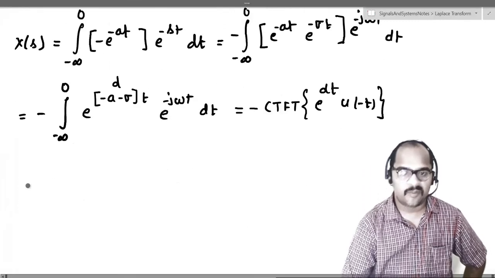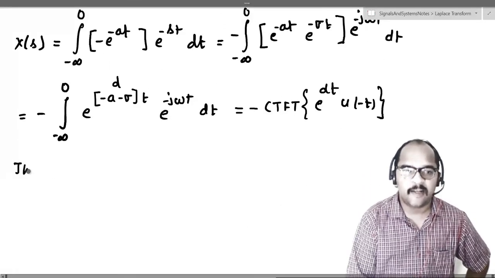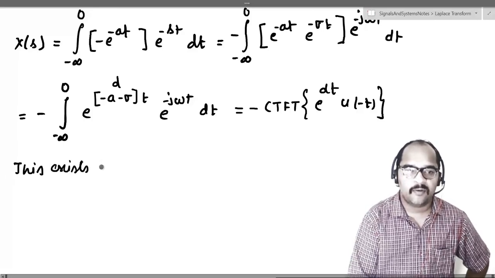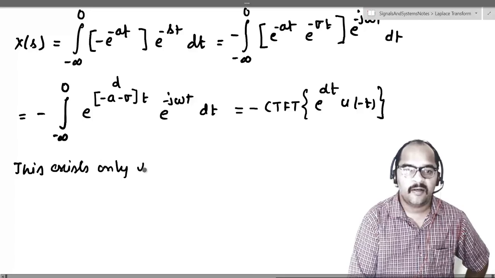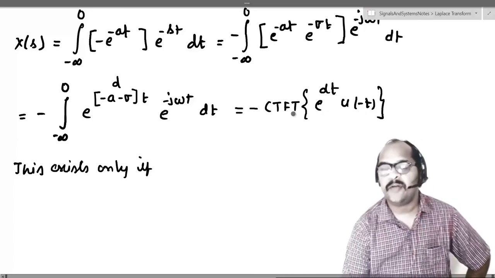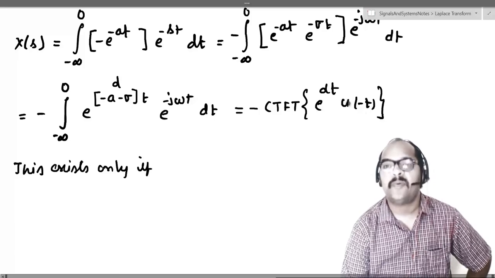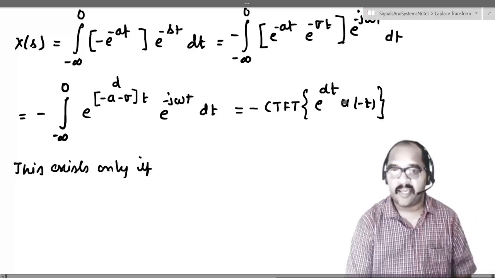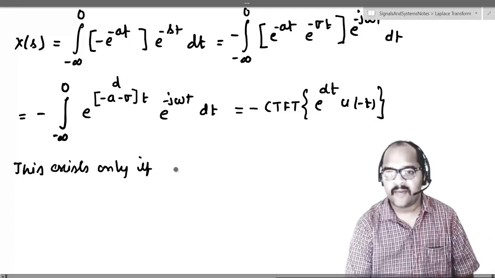First we'll talk about existence. When will this exist? This is looking like e power d t u of minus t, the Fourier transform of e power d t u of minus t. When will that exist? That exists again when a is greater than 0, but instead of a we have d.